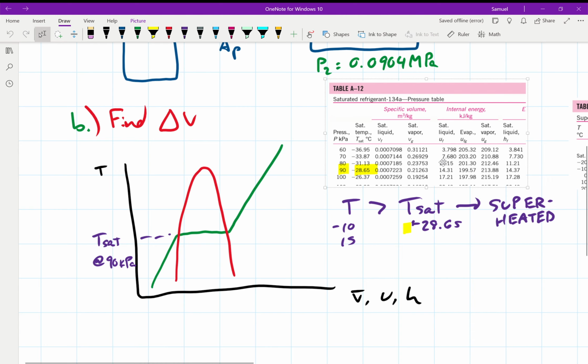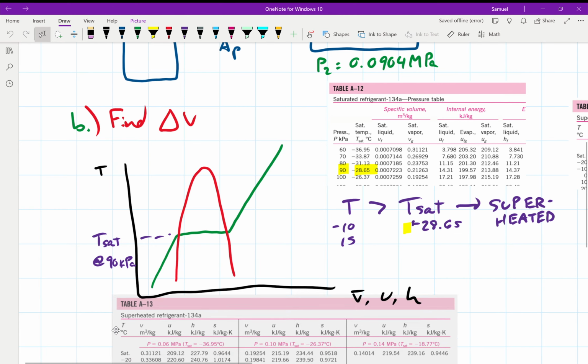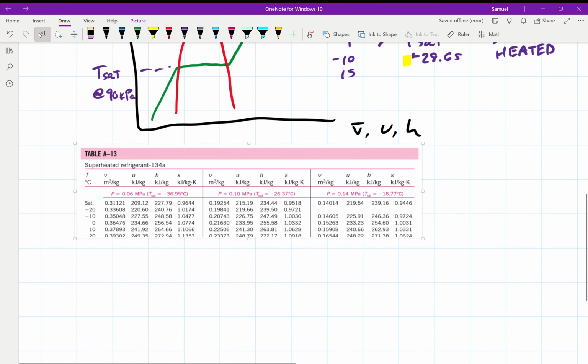Since it is superheated, we then turn our attention to table A13. Again, the reason that I know it's A13 is because that is for superheated refrigerant 134A. So our goal right now is to find the change in the volume. In order to do that, we are going to need our specific volume at a temperature of negative 10 degrees.